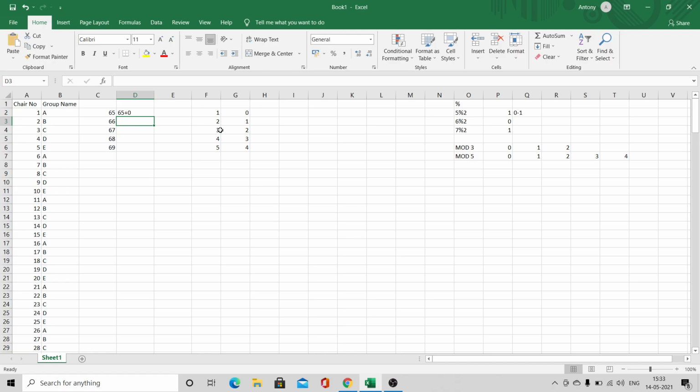Clear. 66 can be termed as 65 plus 1. 67 can be termed as 65 plus 2. 68 can be termed as 65 plus 3. And 69 can be termed as 65 plus 4.